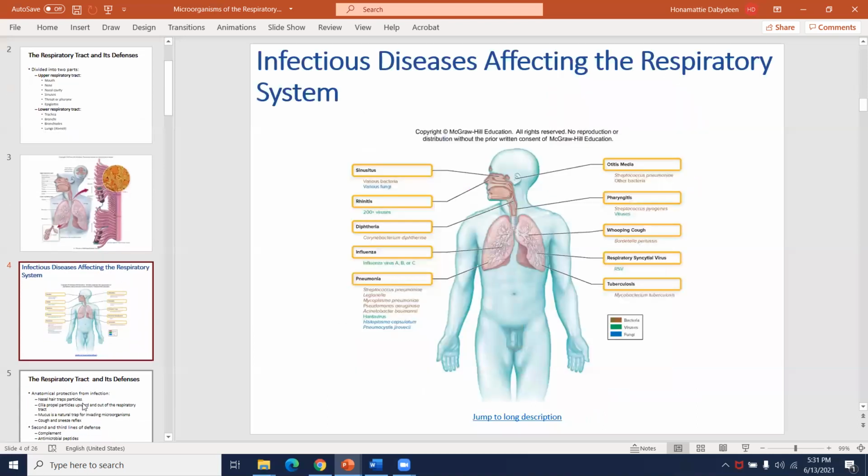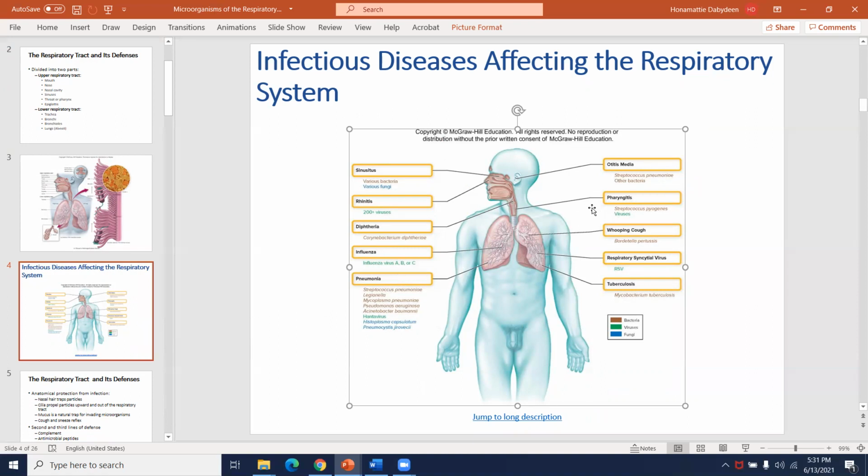So, for example, for the sinuses, you end up with sinusitis; otitis media, the middle ear infection; rhinitis, the nose involved; pneumonia, the lungs involved; epiglottitis, the epiglottis; pharyngitis, the involvement of the pharynx, and things like that.